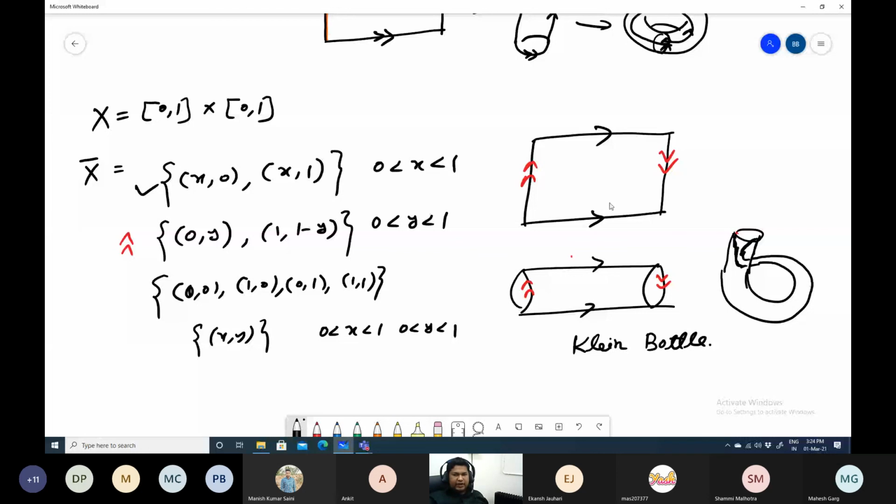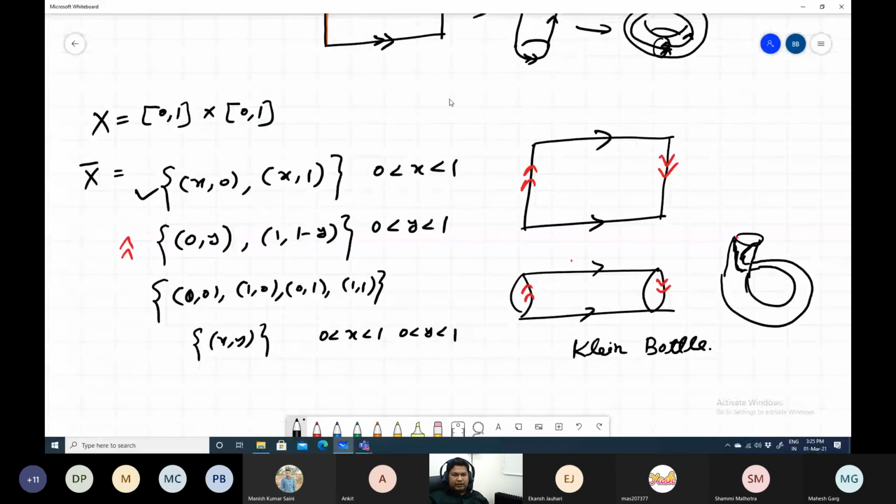What do you mean by this figure? That means if we give a topology on X bar as an abstract set, then that topology will be homeomorphic to the induced topology on this Klein bottle.